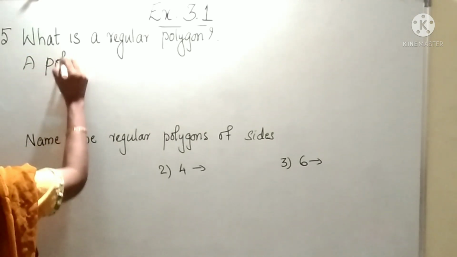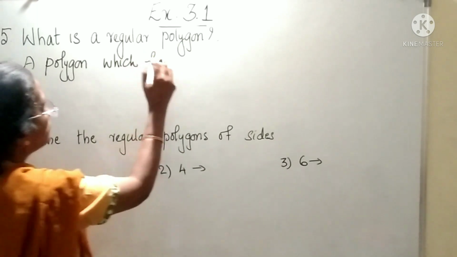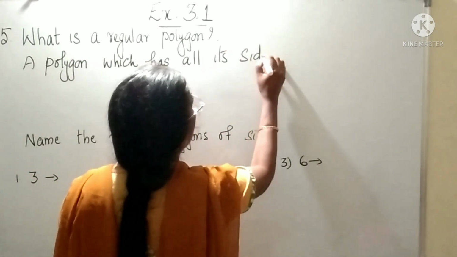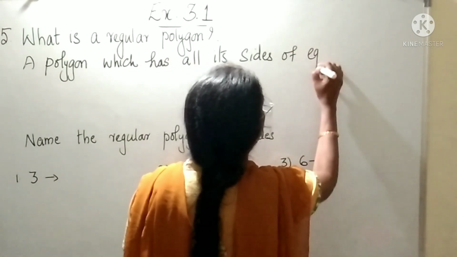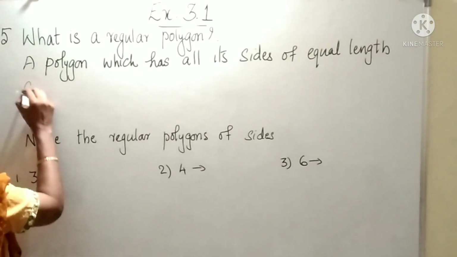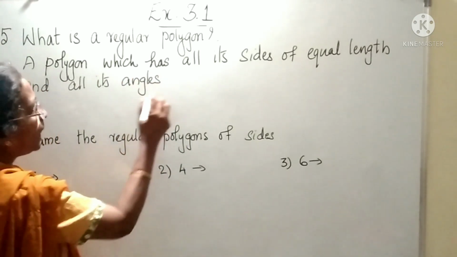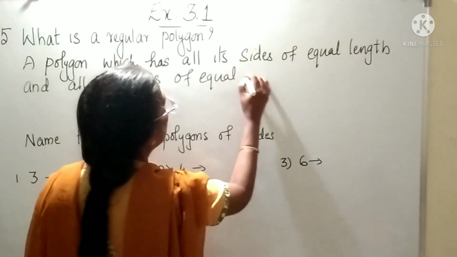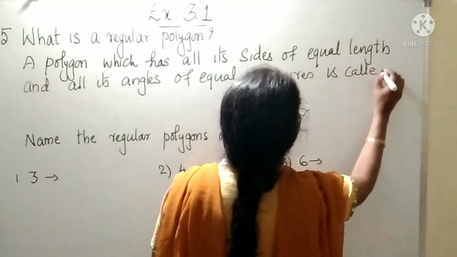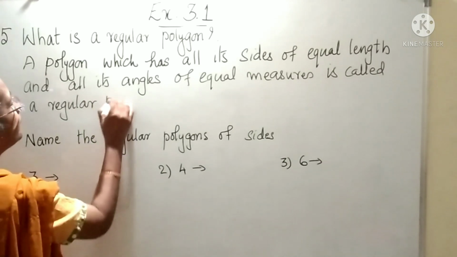A polygon which has all its sides of equal length and all its angles of equal measures is called a regular polygon.